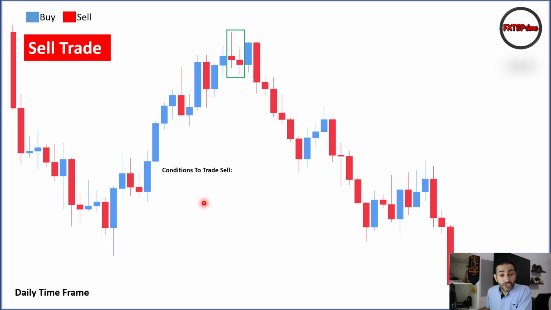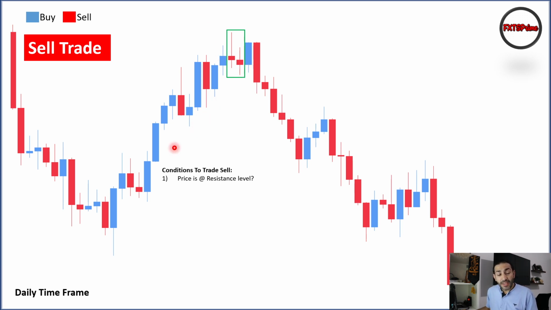So first condition, I want to look into these two candlesticks here, and I want to analyze whether I can go buy or sell. First thing I'm looking at on this candle is the price. I will ask myself, is price at a resistance level or not?